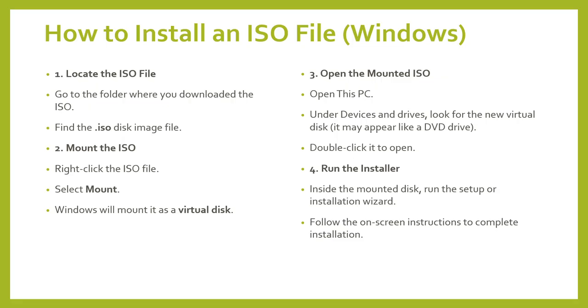This will mount the ISO as a virtual disk on your computer. Next, open This PC. Under Devices and Drives, you will see a new disk. It may look like a DVD drive. Double-click that, and you will find the installation packages. Run the setup and installation wizard and follow the steps to install SQL Server.